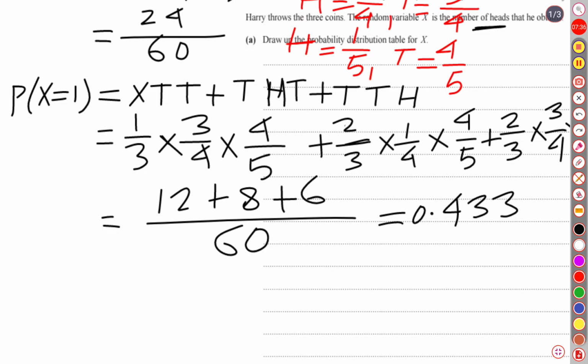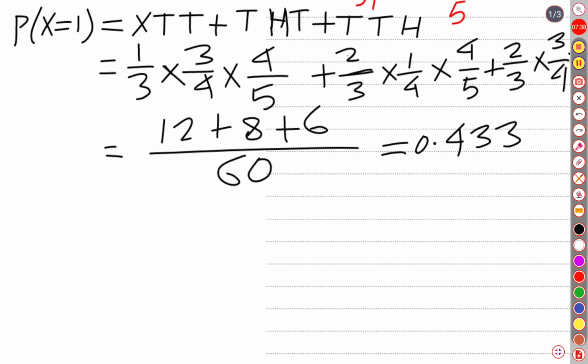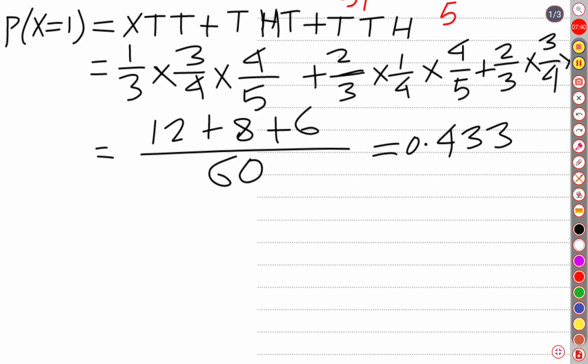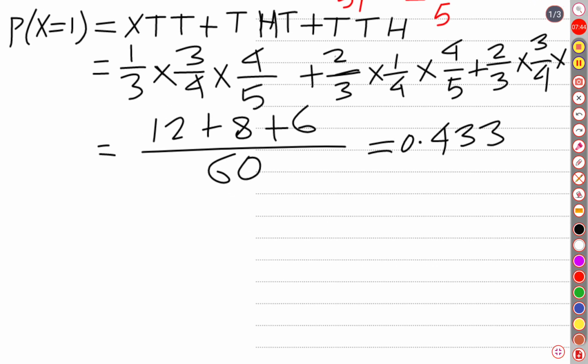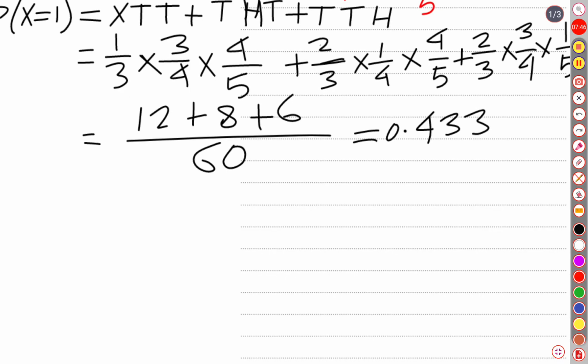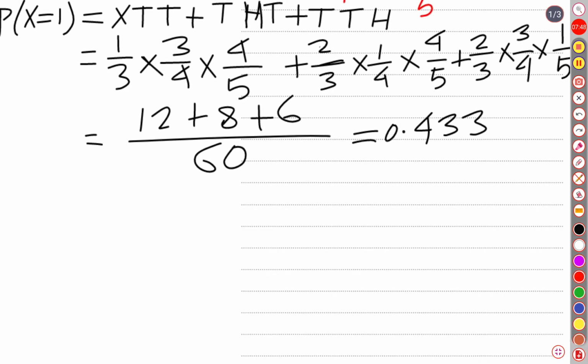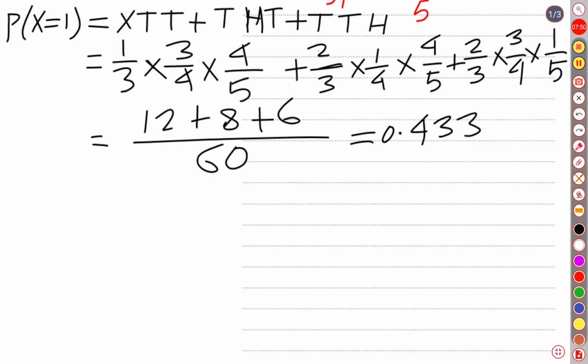Then let's move on to the third possible case. Suppose there are two heads. Probability of obtaining two heads when x is equal to 2.